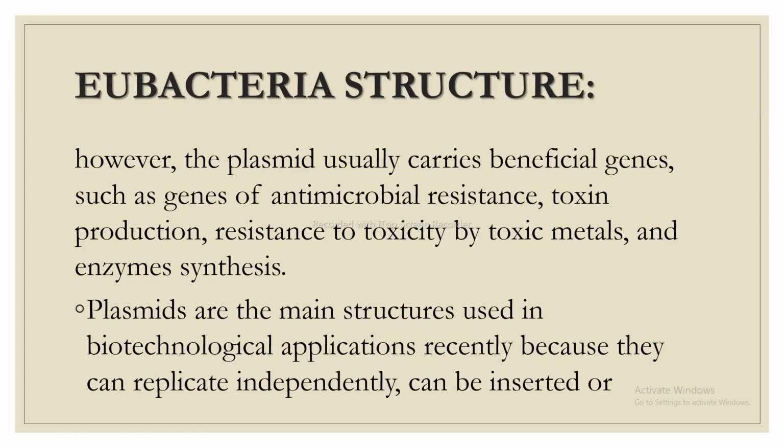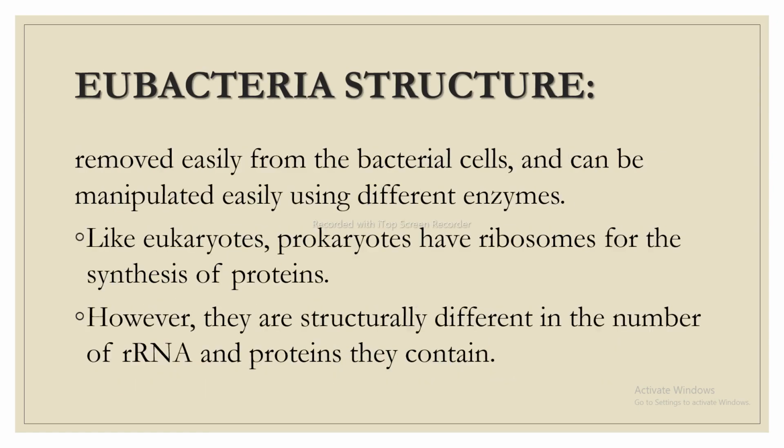Plasmids are the main structures used in biotechnological applications recently because they can replicate independently, can be inserted or removed easily from the bacterial cells, and can be manipulated easily using different enzymes.